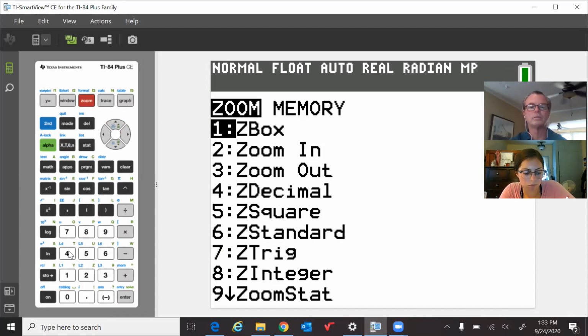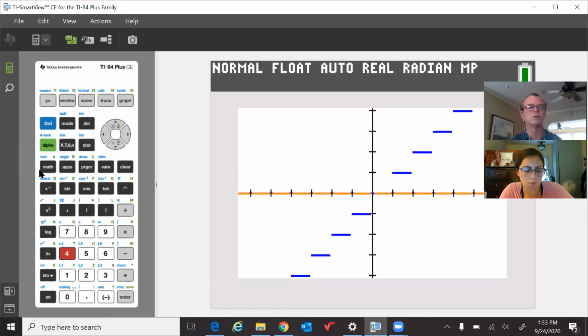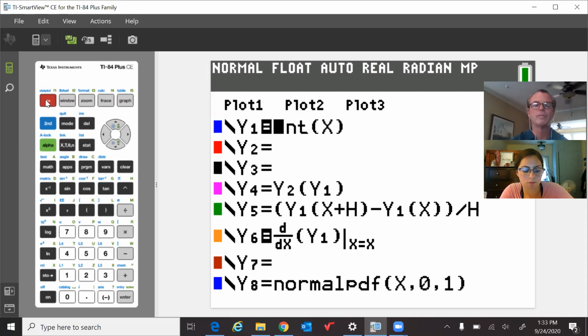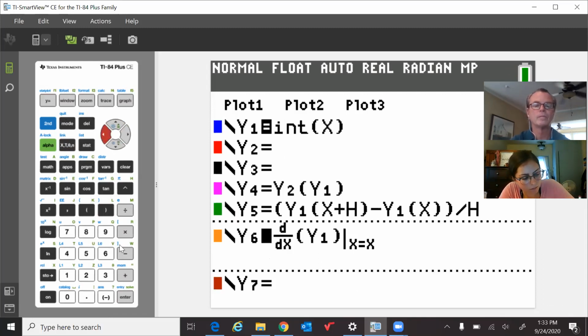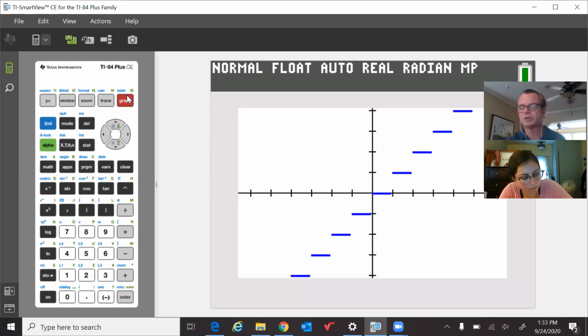zoom 4. And what happened? You get the step function. So there's the step function. What does that mean? Well, it's rounding down to the next greatest integer. So if I go here, say I'm at 1.4.